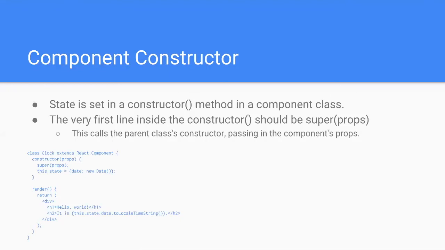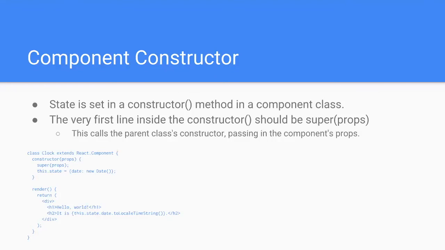The very first line inside your constructor should be super, and we can pass in props if there are any. In this example, we've got our constructor with props, so it accepts some props, and we call super props. So again, that's going to call the parent class's constructor, and it's going to pass all the properties to it.